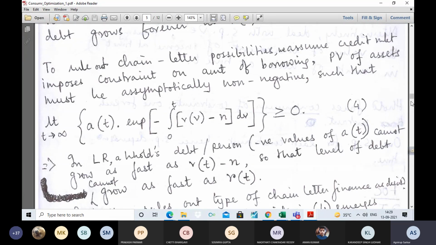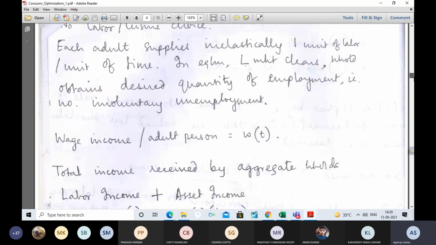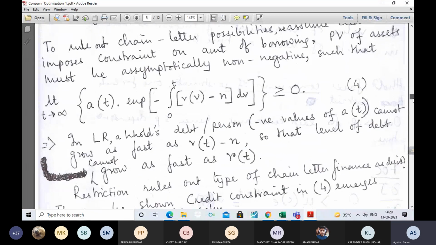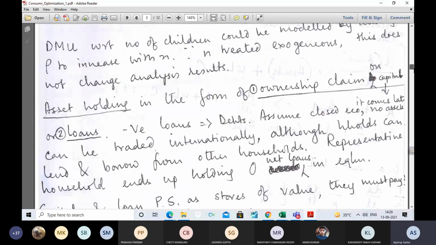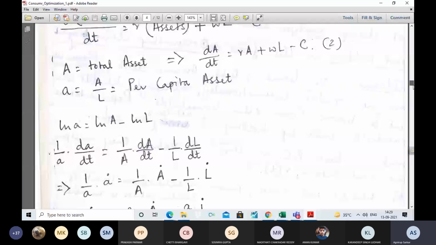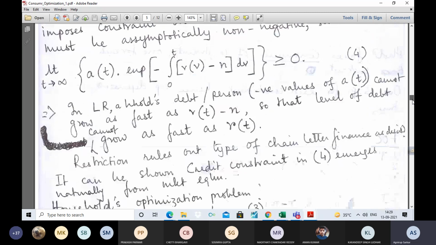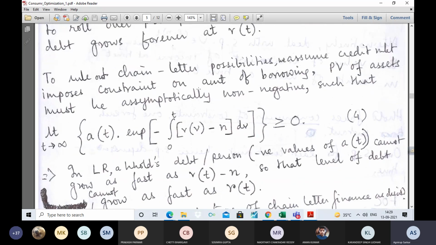So maximizing utility subject to the budget constraint in equation 3, and also taking into account the condition which ensures no Ponzi game, represented by equation 4. Okay, all right.